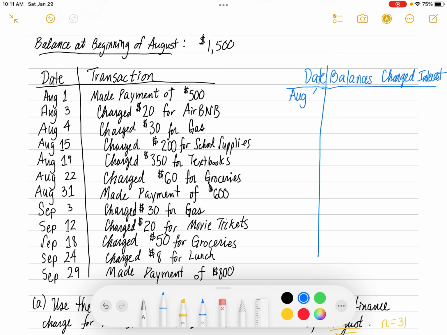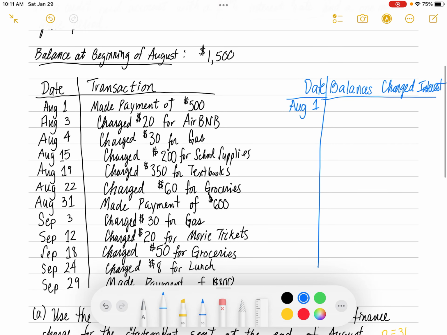We're just looking at August right now. Remember that you start with a balance of $1,500, but also on August 1st, you pay $500, so we have to subtract that from our balance. So we have a $1,000 balance on August 1.